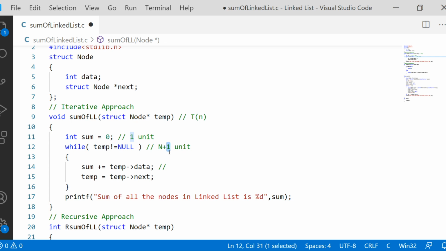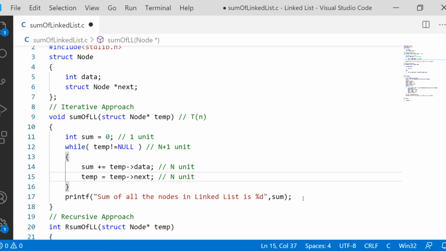Only for the successful evaluations will you enter into the body part. So n times you will enter. If this line is executed one time, it is 1 unit of time, but it is executed n times, so n multiplied by 1, n unit time will be required. Similarly, this line also will be executed n times. So a total of n unit time will be required.